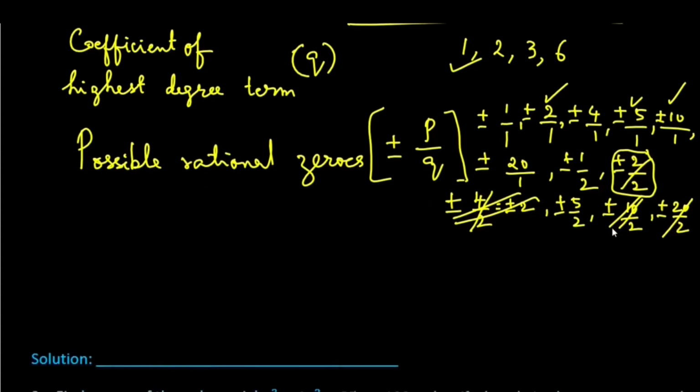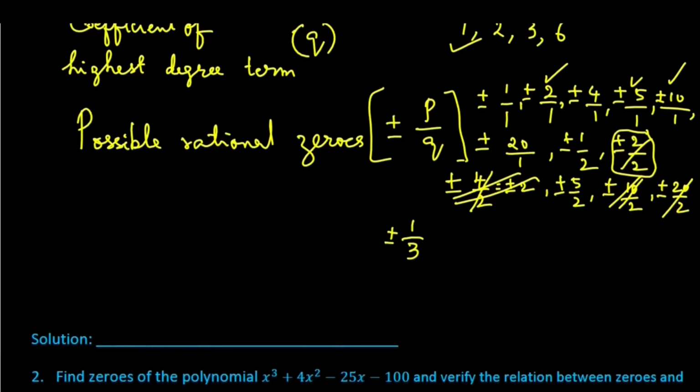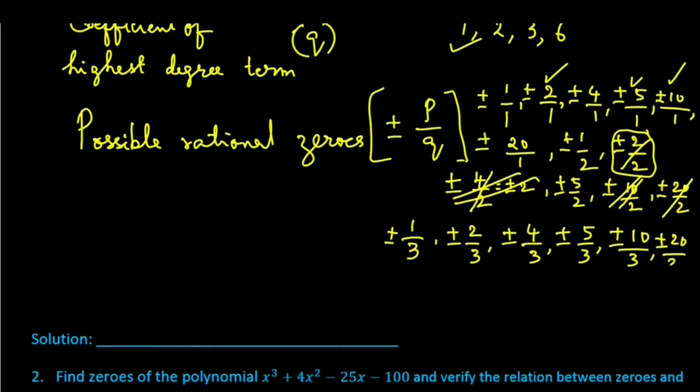Now divide by 3. Plus or minus 1 by 3. Plus or minus 2 by 3. Plus or minus 4 by 3. Plus or minus 5 by 3. Plus or minus 10 by 3. Plus or minus 20 by 3.